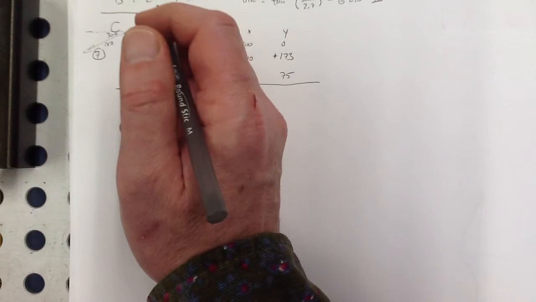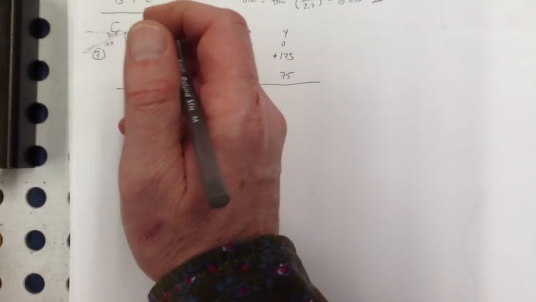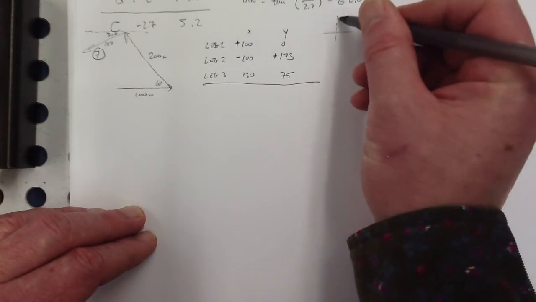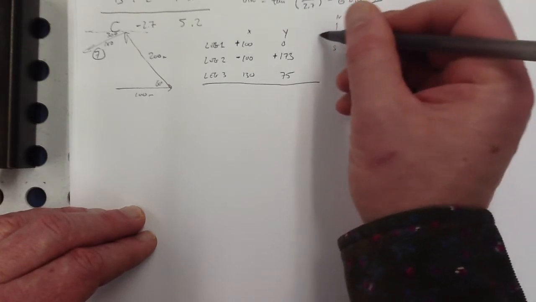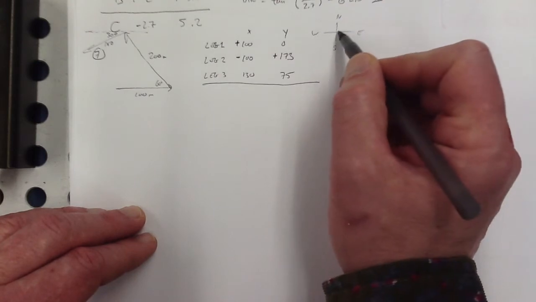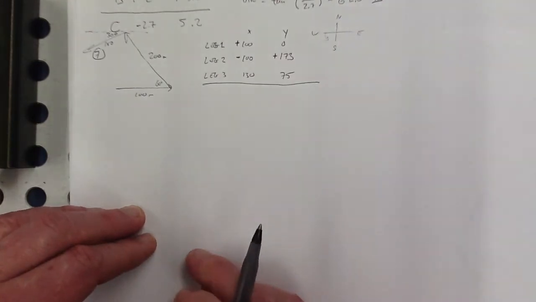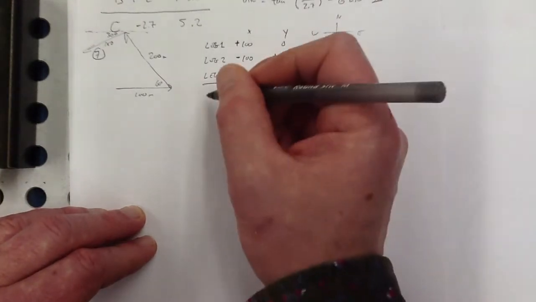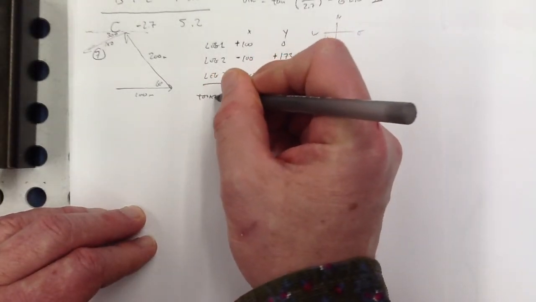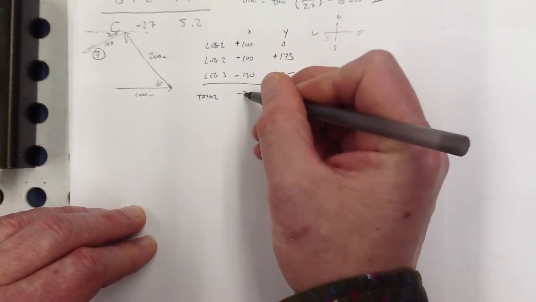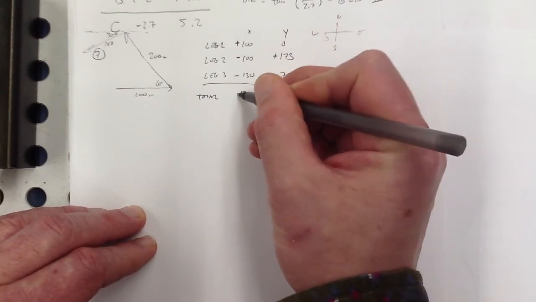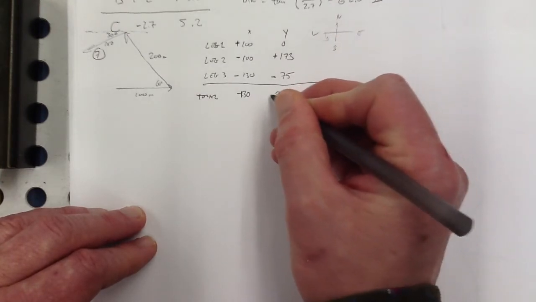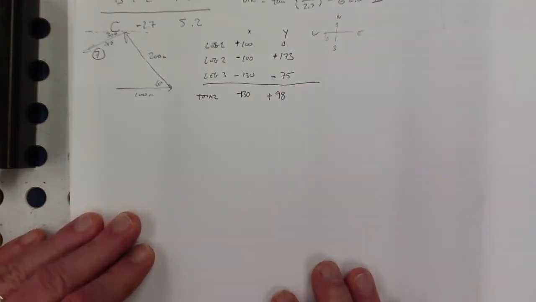That's in the third quadrant. That is south of west. You need a little compass here, right? North, south, east, west. So here's west, south of west is down into the third quadrant. And in the third quadrant, both of those would be negative. So the total journey is negative 130. And then that's what? Positive 98.